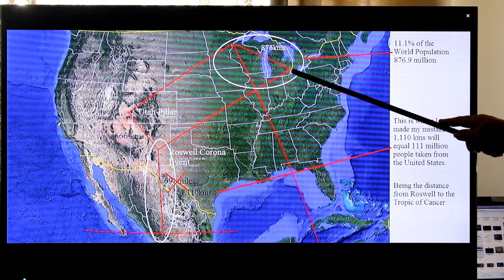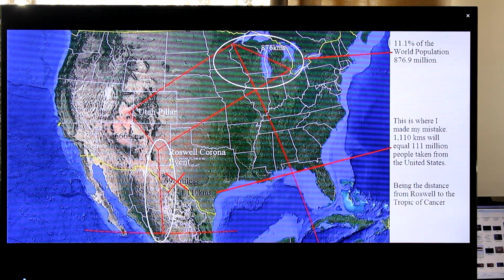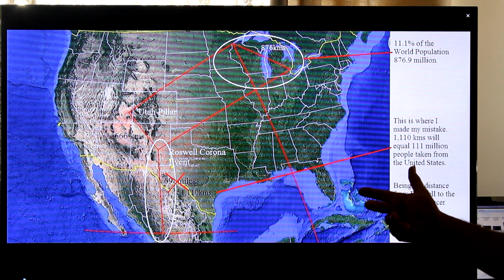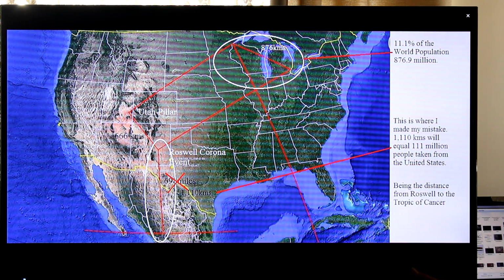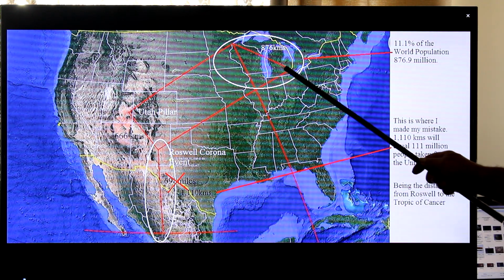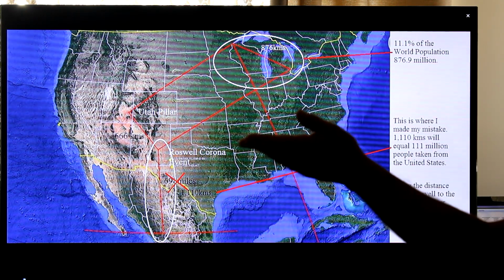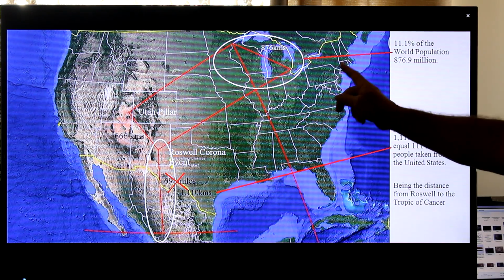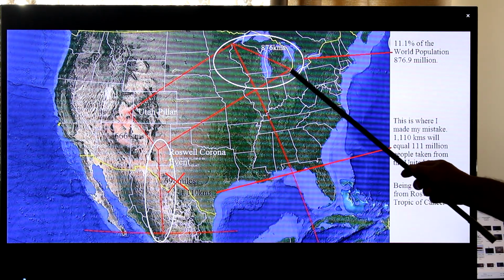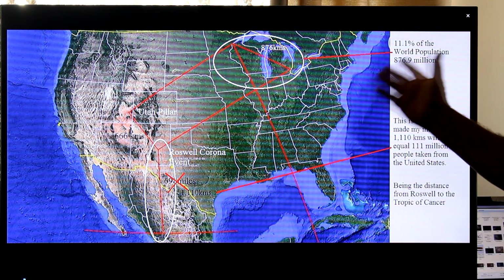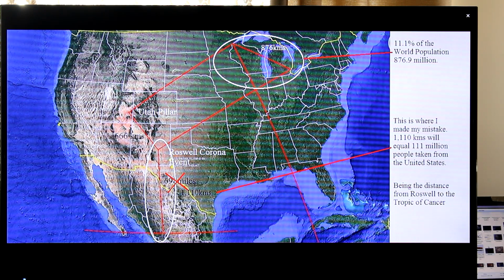We see 876 kilometres across here, reflective of the 11.1% of the world population of 876.9, but we are going from the most western side of the biggest lake to the most western side of the smallest lake in the Great Lakes. That's what we're getting told.